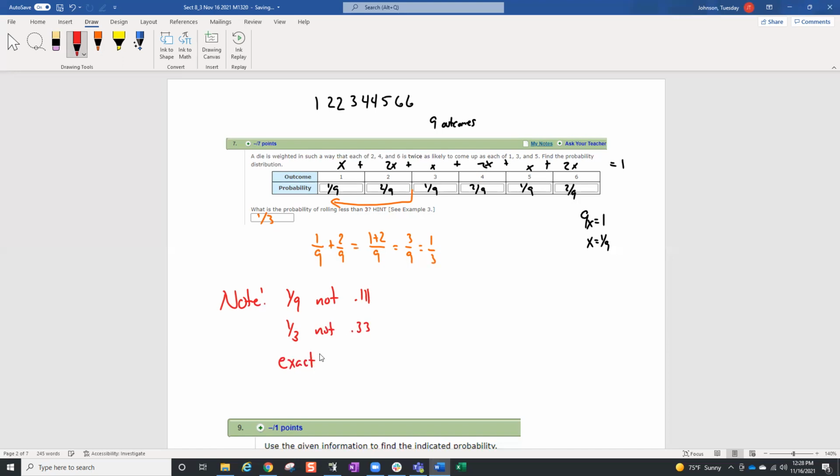Exact versus rounded. We always want exact values on WebAssign unless it tells you how to round. If it doesn't tell us how many decimals, it wants a fraction. And it's very, very particular about that.